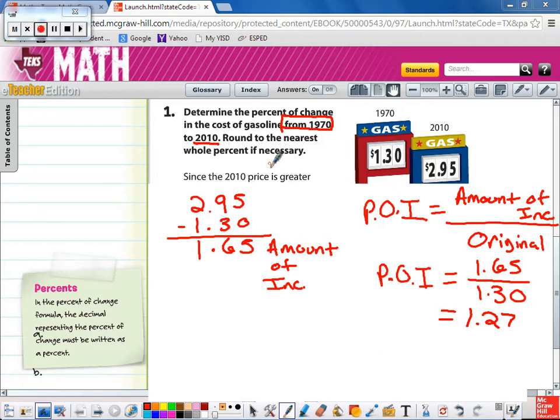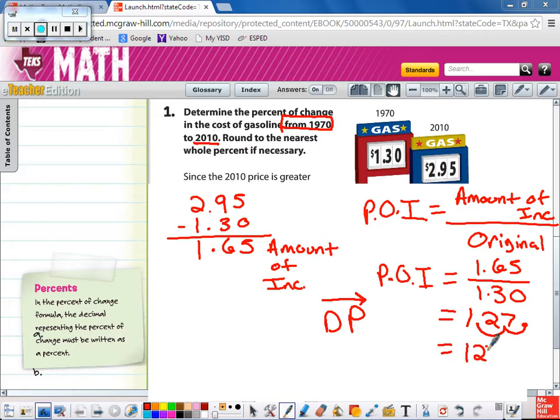So first thing I need to do is write this as a percent. The way we go from decimal to percent, if you remember in a previous video, is DP. We have decimal and percent. So if we have the decimal, we have to move the decimal twice to the right, and that'll give us the percent. So using DP, I'm going to move my decimal twice to my right, 1, 2, and that is going to be my percent.